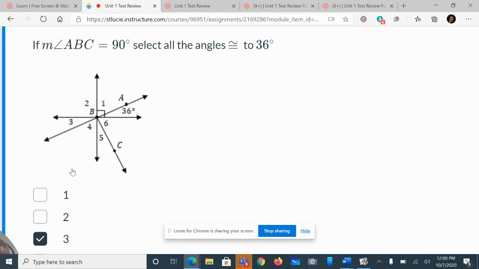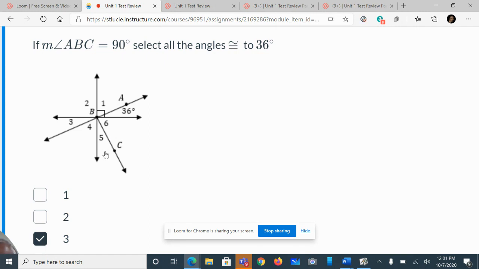Over here, I know that ABC is 90. So I know that all of this is 90 here. I know that this angle here is 36. So 36 plus this is 54.